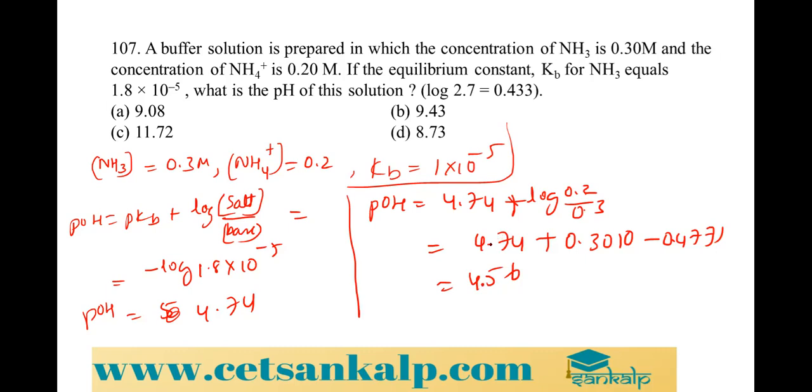Now pOH is 4.56, so pH should be equal to 14 minus 4.56, which is equal to 9.43. That is option B. Okay, right.